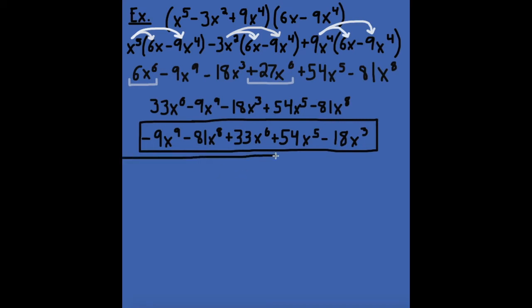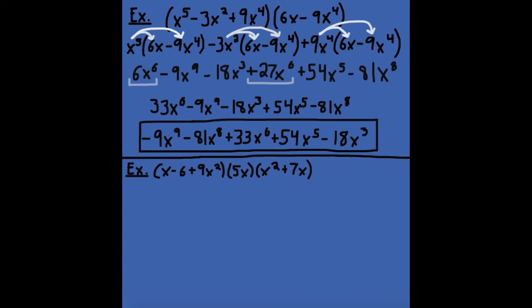Let's try another example. Let's say we have the problem (x minus 6 plus 9x squared) times 5x times (x squared plus 7x). There are three polynomials.